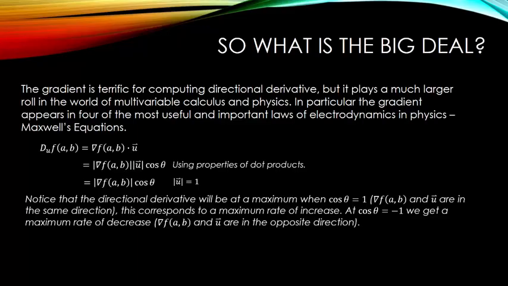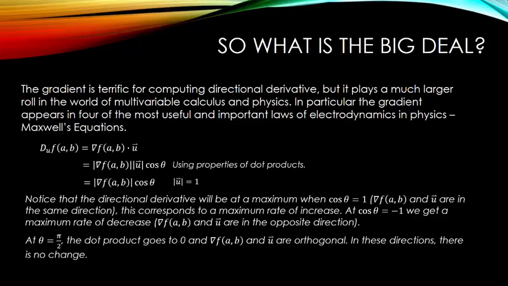And I can also see that if theta is pi halves, my dot product will go to 0, and the gradient of f evaluated at (a, b) and the unit vector u will be orthogonal. In these directions, when the two vectors are orthogonal, there is no change in the directional derivative.